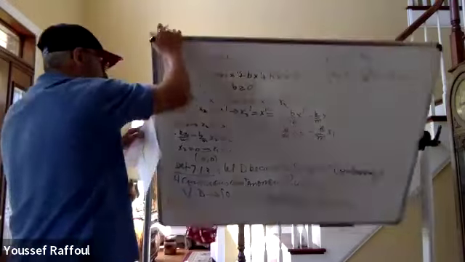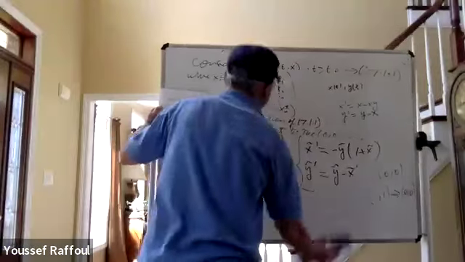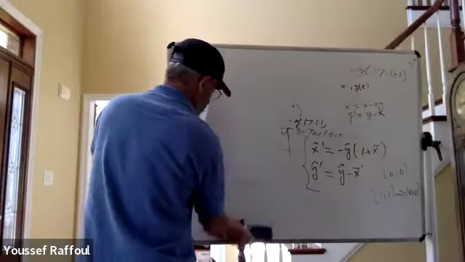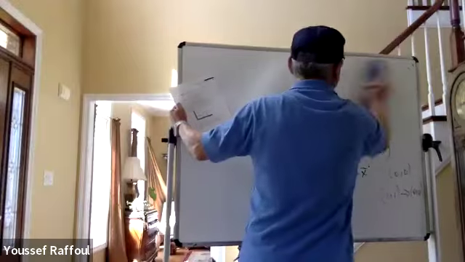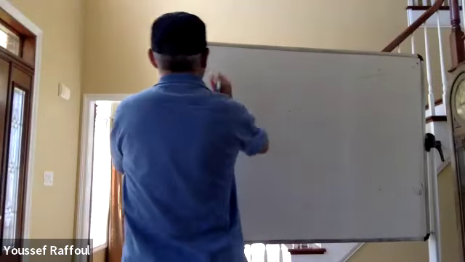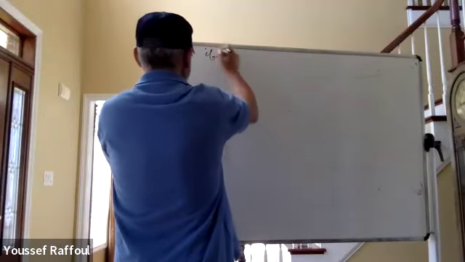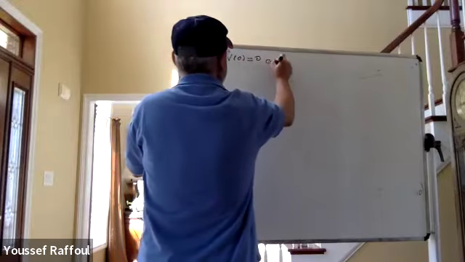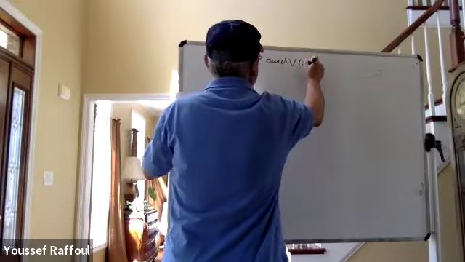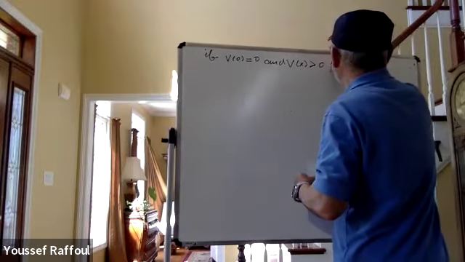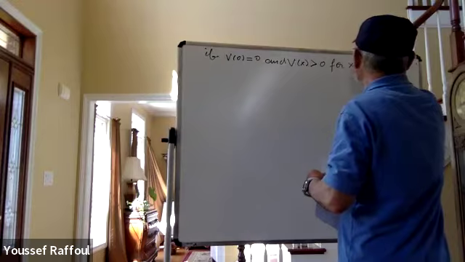I'm going to flip the board. V is positive definite if V(0) equals 0 and V(x) bigger than 0 for x not 0.